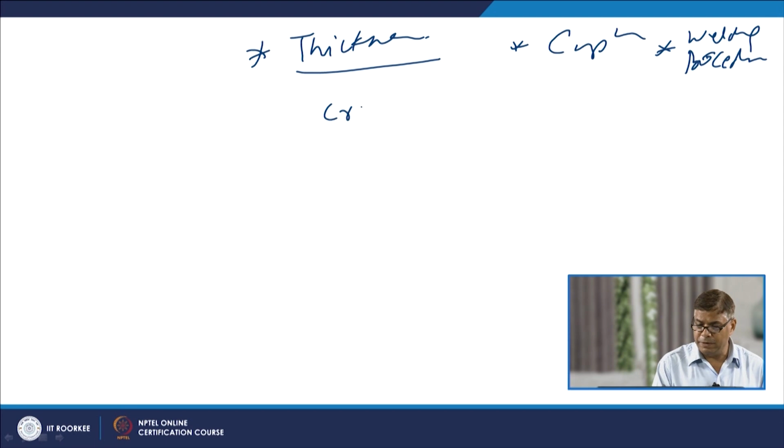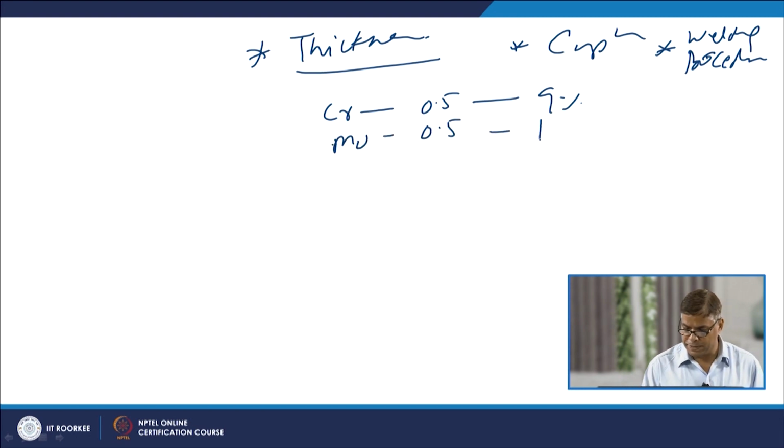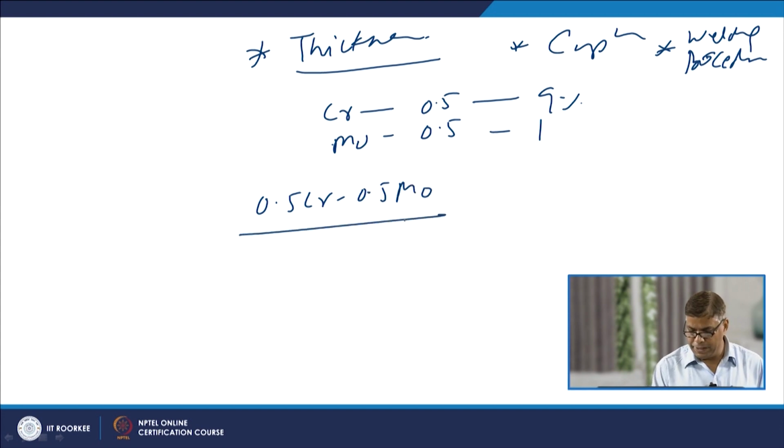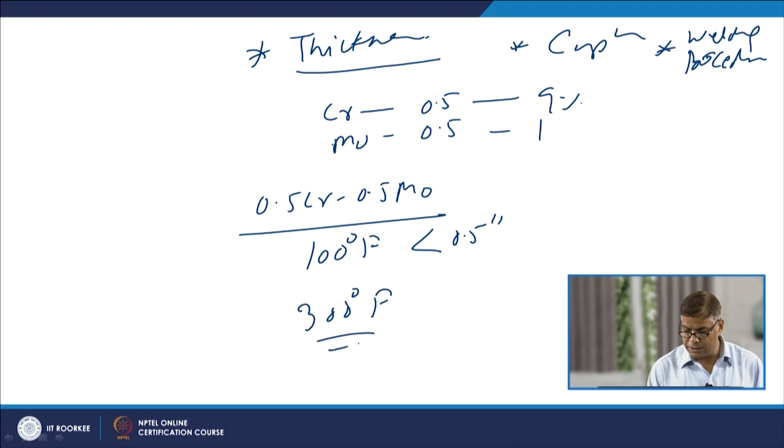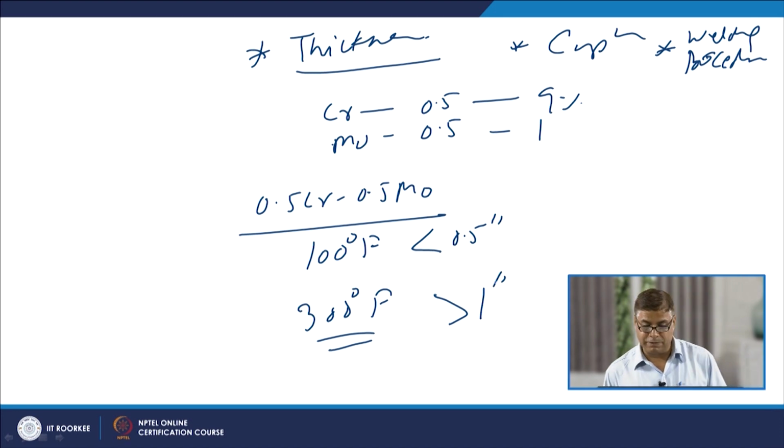So, as an example, we know that the chromium in these steels can vary from 0.5 to 9%, as well as molybdenum can vary from 0.5 to 1%. So, say for example, the 0.5% chromium, 0.5 molybdenum steel needs the preheat of 100 degree Fahrenheit if the thickness is less than 0.5 inch, but the preheat will be 300 if the thickness is greater than 1 inch of the section to be welded.